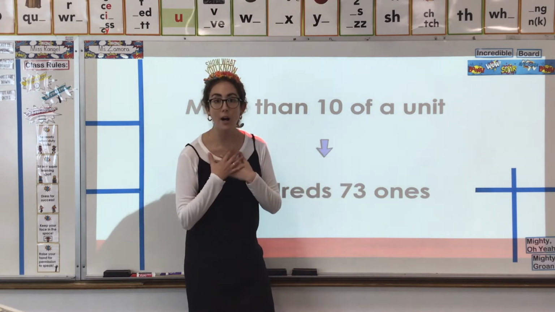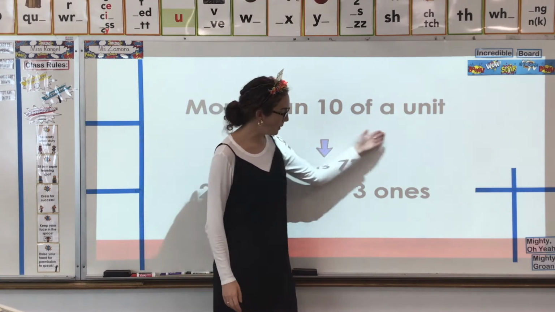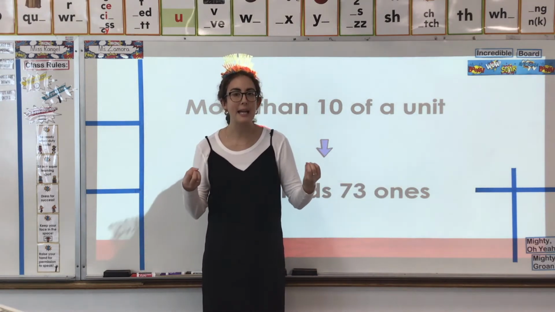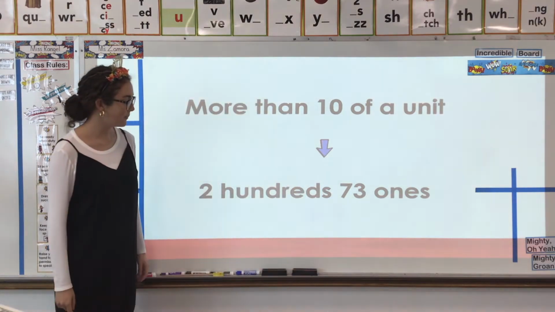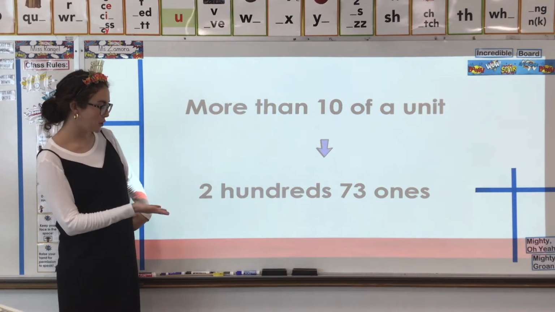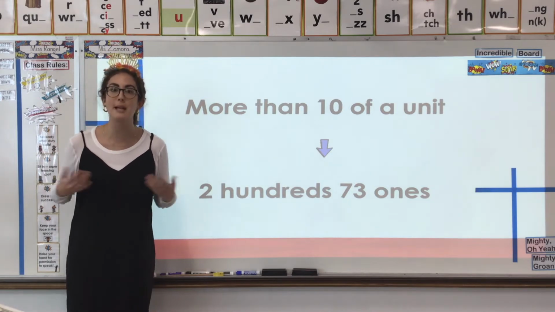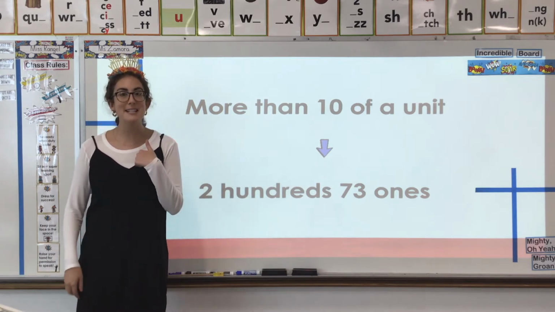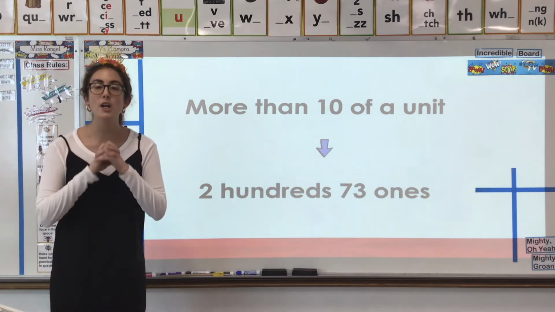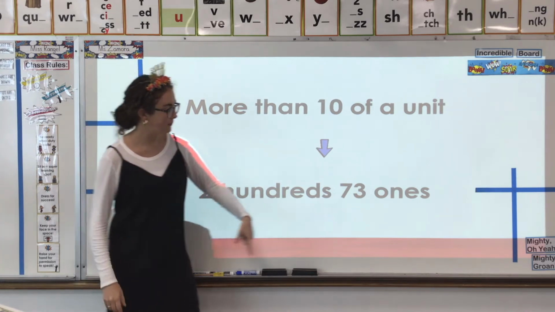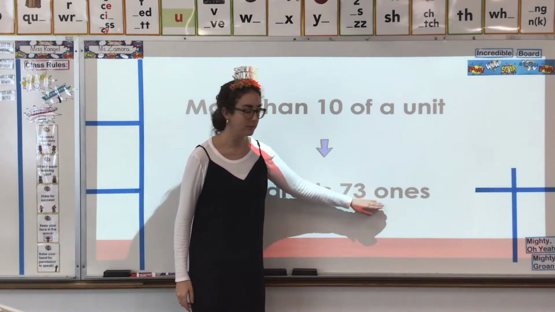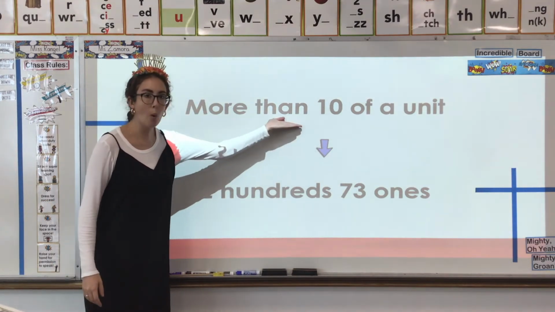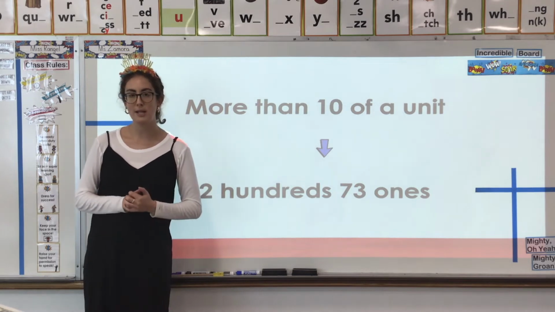So it's going to be our job to figure out how much is 73 ones. We will have to break it up on our own to figure out what number is 273. So sometimes this is going to happen, and we're going to need to use our place value and our bundling skill to figure out what is the total value of 73 ones. What's the total value of more than 10 of a unit?